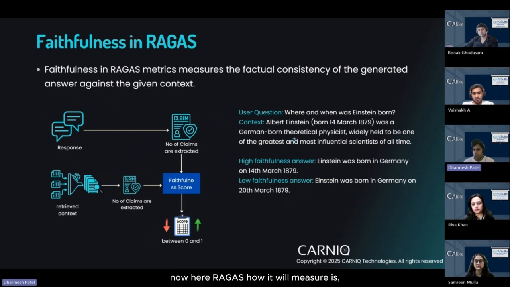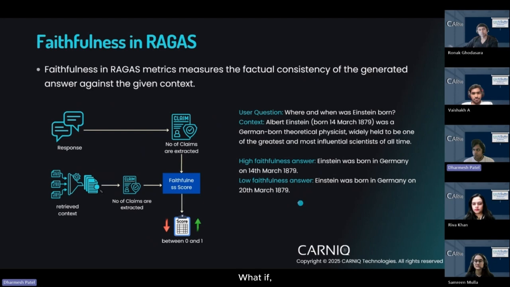Now here is how Ragas will measure it: it will extract the claim. The claim could be, let's say, Einstein was born in Germany on 14 March 1879. This would get a higher score because the claim, 14 March 1879, is present in your retrieved context as well.